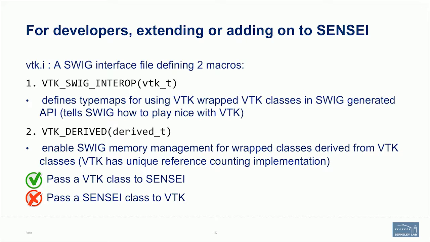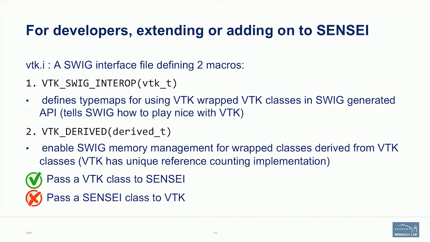What the second one does is enable the memory management for VTK's reference counting system to work with Swig. So Swig will create instances of your new class. The second macro, VTK derived, tells Swig how to free those up, so there are no memory leaks.